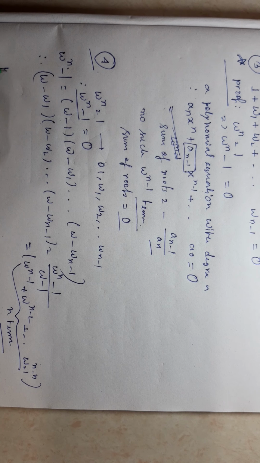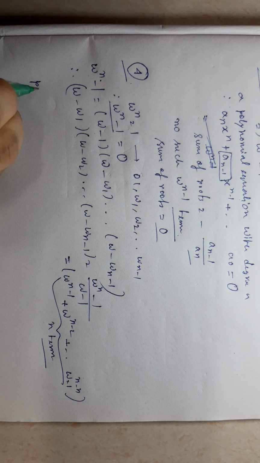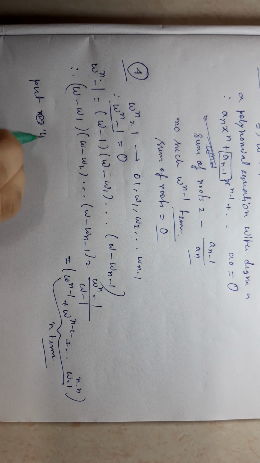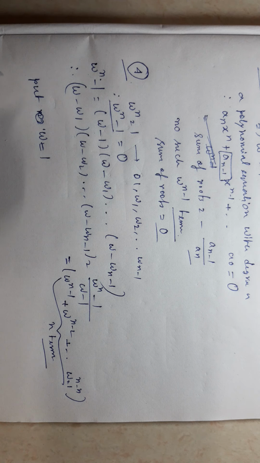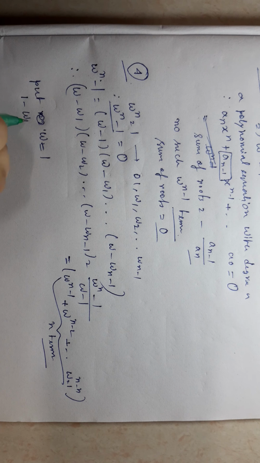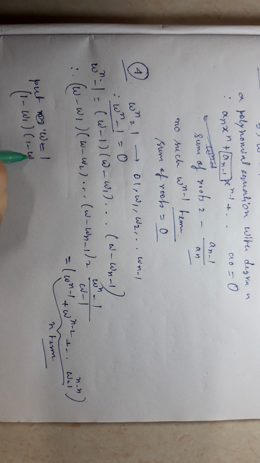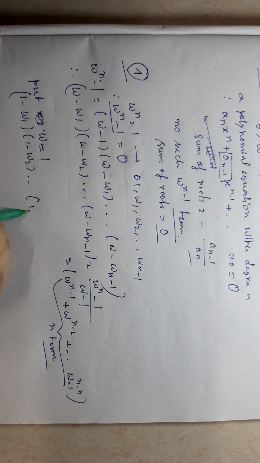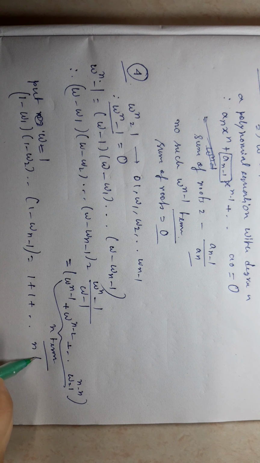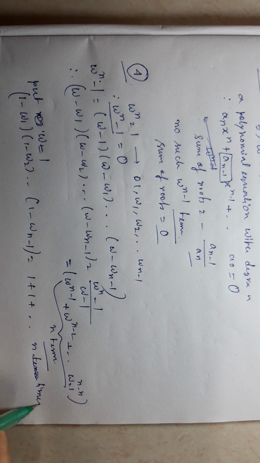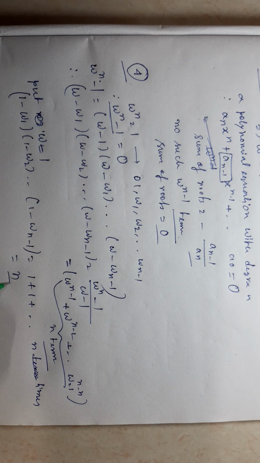Okay, so put omega is equal to 1. If we put omega equal to 1, then we get (1 minus omega 1)(1 minus omega 2) dot dot dot (1 minus omega n minus 1), and that is equal to 1 plus dot dot dot n times, and that is equal to n.